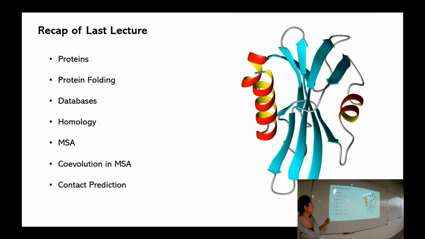And this structure is basically, let's say, encoded in the sequence itself. And we've seen that there is this homology concept. Proteins can accumulate mutations throughout evolution, but they would keep folding in the same structure, even though they accumulated some mutations, if they keep performing the same function.